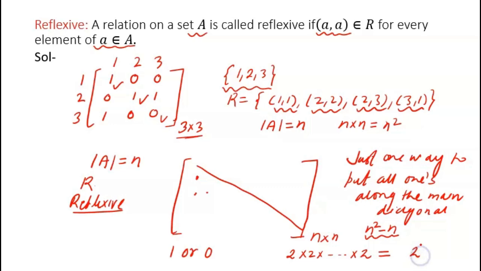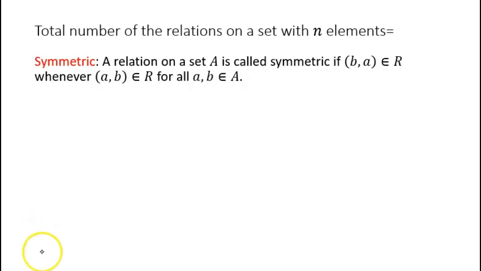So the number of reflexive relations will be 2 to the power n square minus n. This is something that you need to remember, a very important concept. I hope you have got this point, how to count the number of reflexive relations. It is 2 to the power n square minus n. If you have any doubt, please pause, rewatch and think about the concept that we have followed, right?